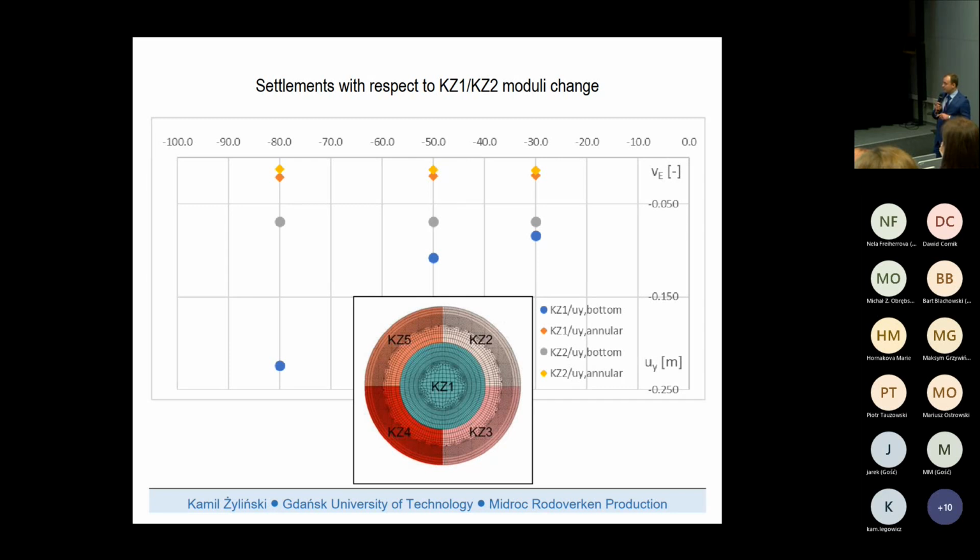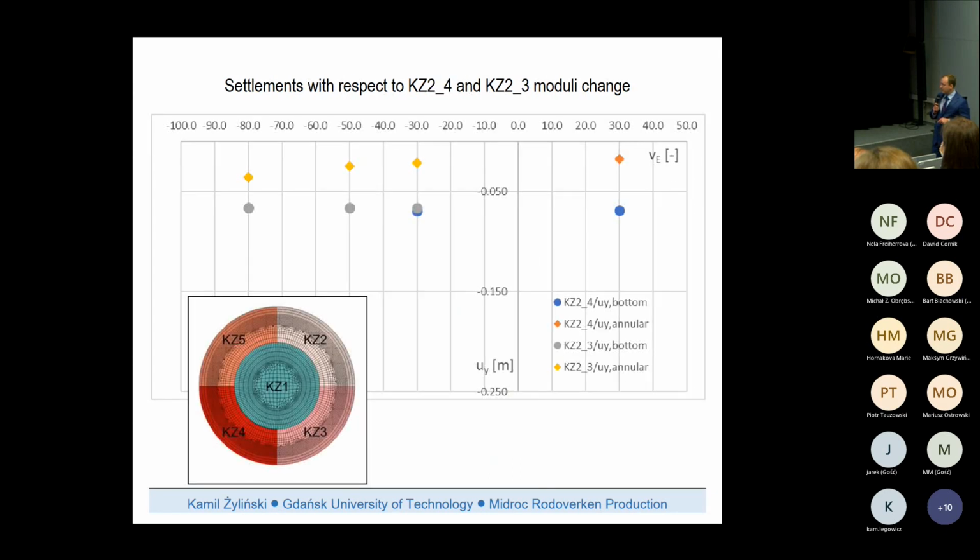And if we consider only this region as analyzed in sensitivity terms, we can see that the results are not varying very much. The second idea was to compare KZ2 and KZ4 parameters, areas actually, which are on the diagonal of the middle node of this tank, and we can see that the impact is lower.